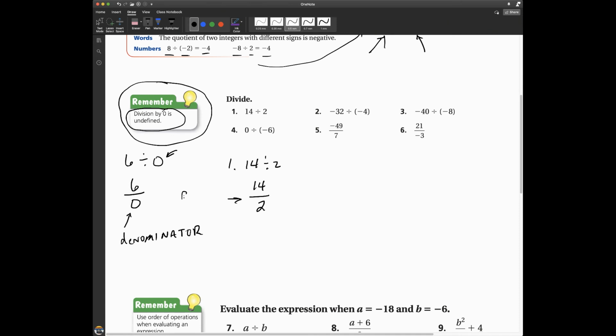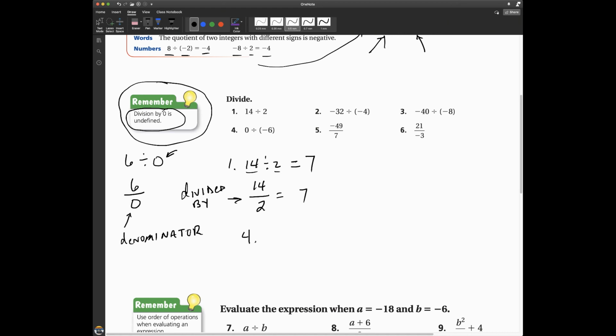I said divided by because a fraction bar is also a division sign. Either way, 14 divided by 2, you know the answer. Both of these are positive, so my answer is positive, which you already know. So there's number 1.